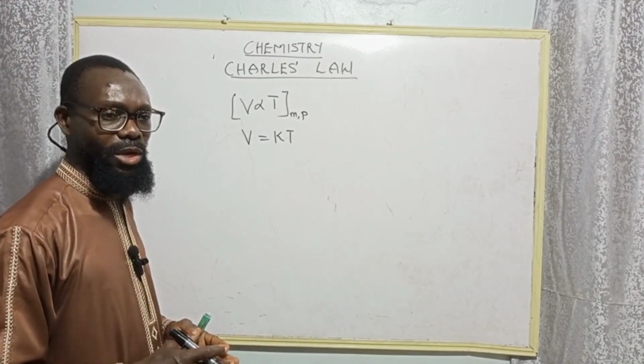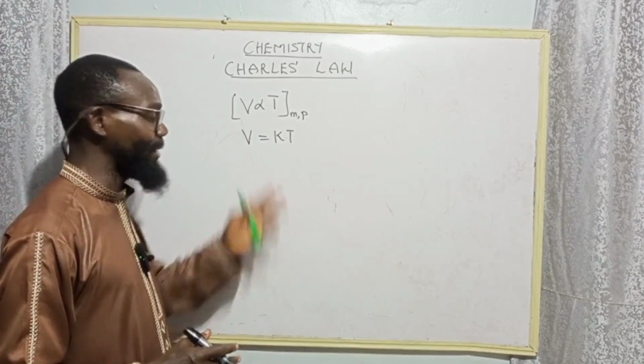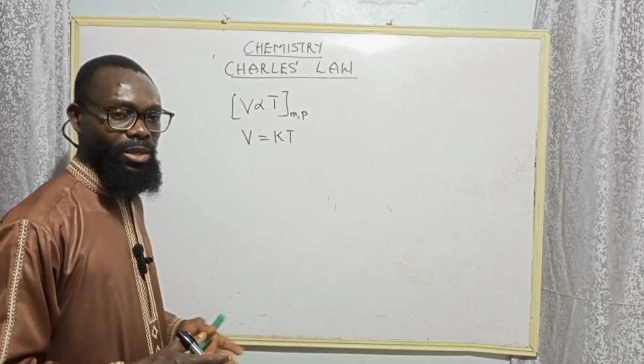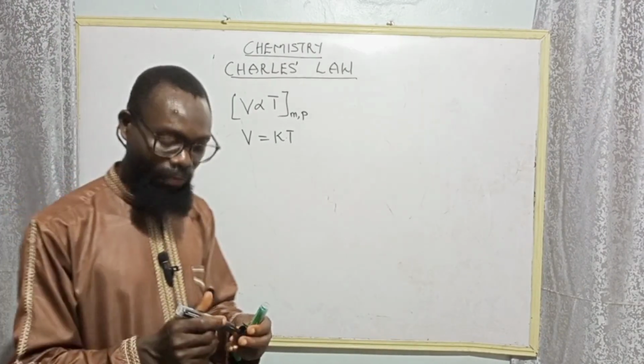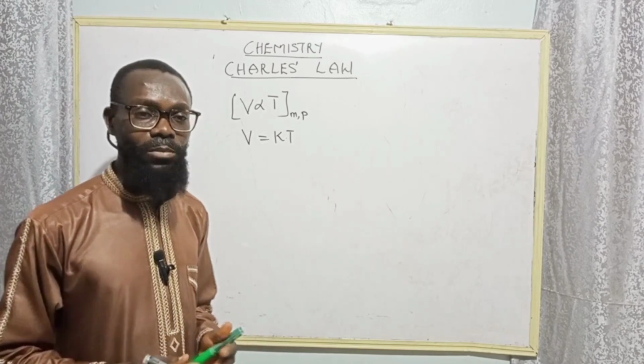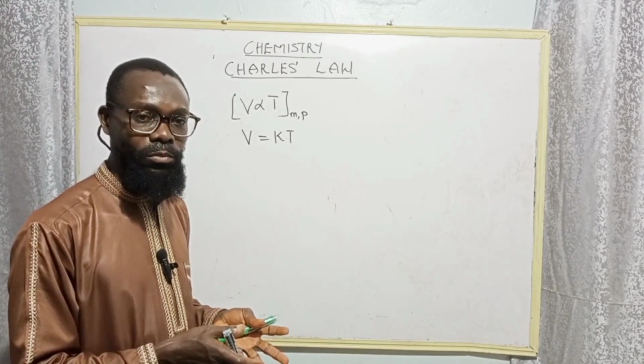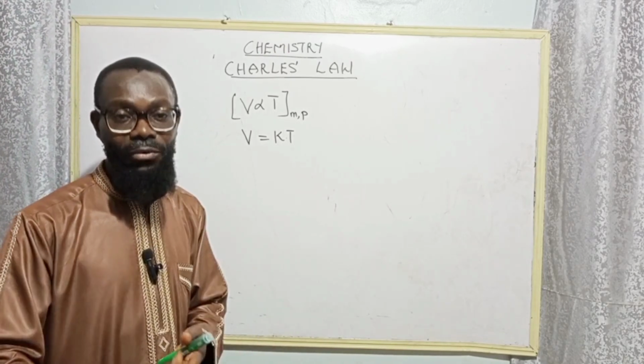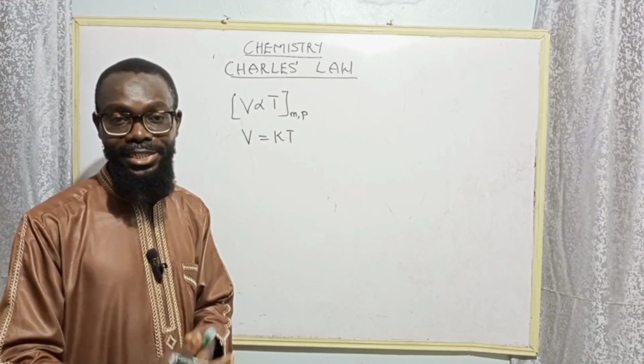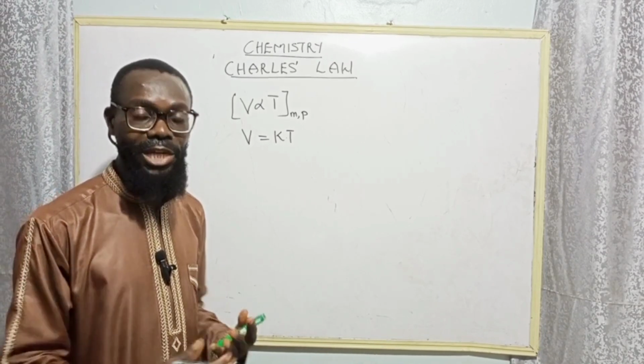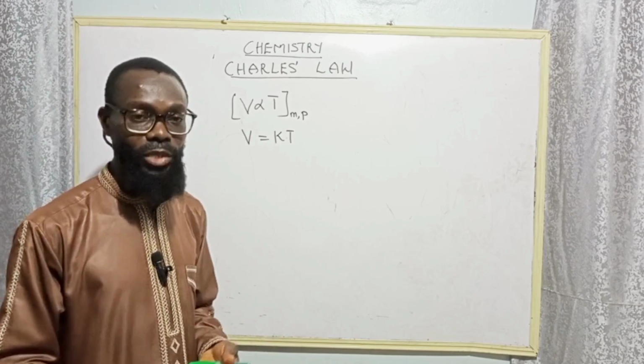Now, when we modify this, since our K is not needed, when the volume of a gas changes from the initial volume, definitely it is going to have a temperature, which is the initial temperature. It will change from the initial to final, that is V1 to V2.